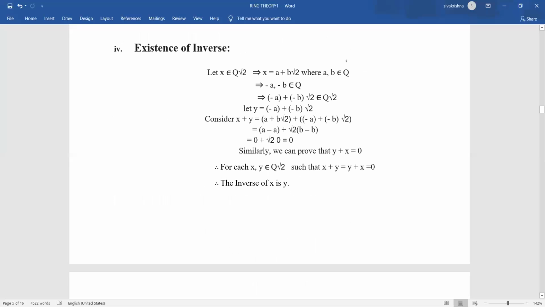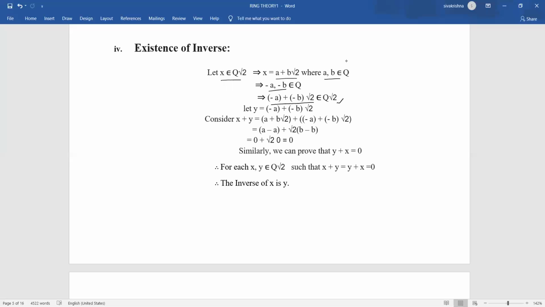In inverse property, we have to consider an element in Q root 2. Once again, x is of the form a plus b root 2, where a, b are rationals. Whenever a, b are rationals, we can write minus a, minus b also belongs to Q. It means they are also rationals. Whenever minus a, minus b belongs to Q, I am writing minus a plus of minus b into root 2 belongs to Q root 2.